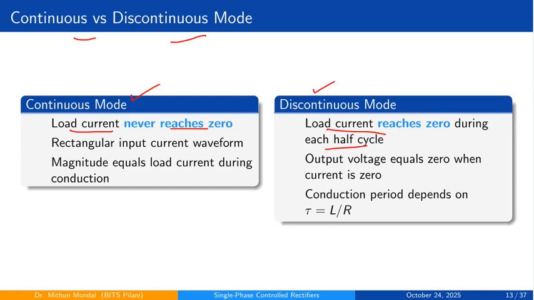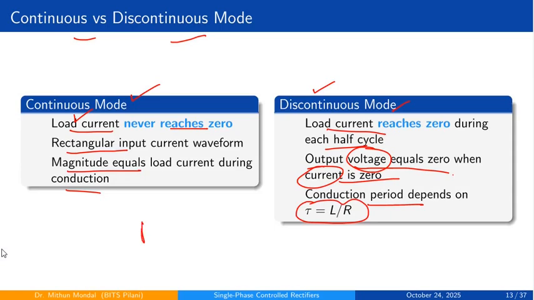Second, it will give a rectangular input current waveform in the continuous mode, and the magnitude will be equal to the load current during the conduction period. In the discontinuous mode, when the load current reaches 0, the output voltage equals 0. So both voltage and current become 0 together, and the conduction period depends upon the time constant, which is equal to L by R.